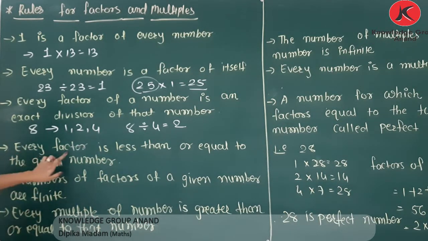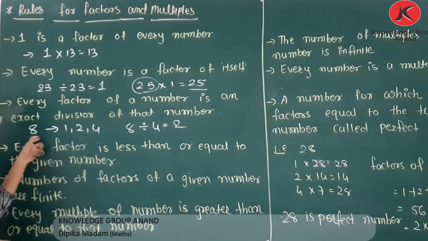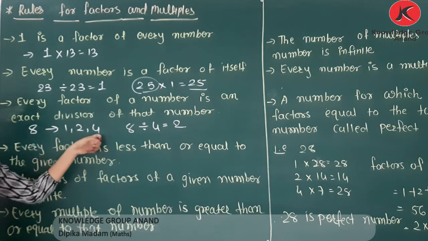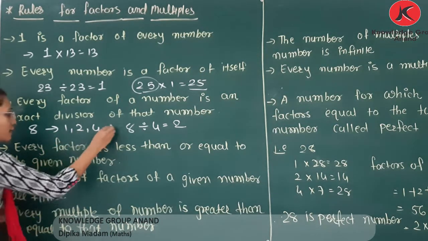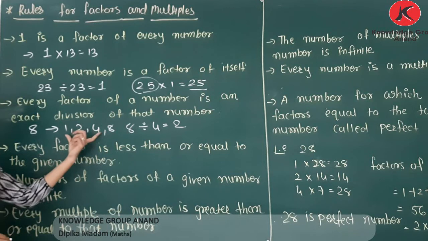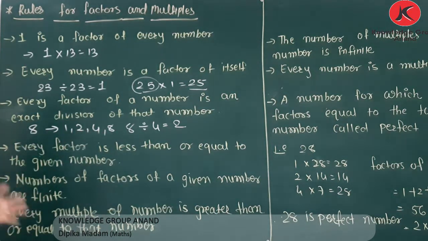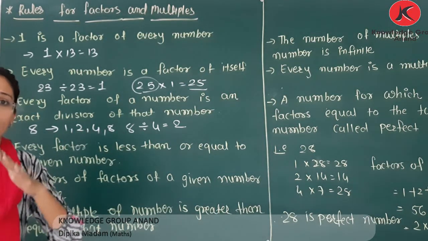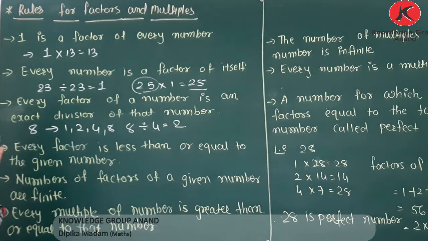Next, every factor is less than or equal to the given number. If you see the previous example, factors of 8 are 1, 2, 4 and 8. All are less than or equal to 8. Whatever factor we find is always smaller than the number or equal to the number.